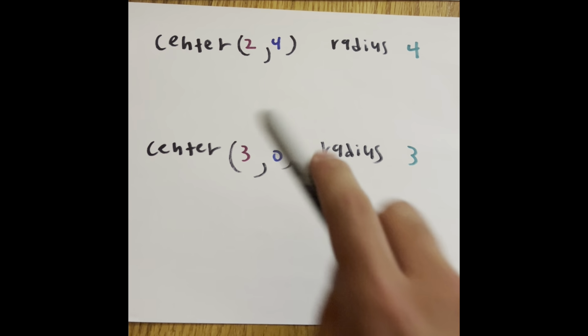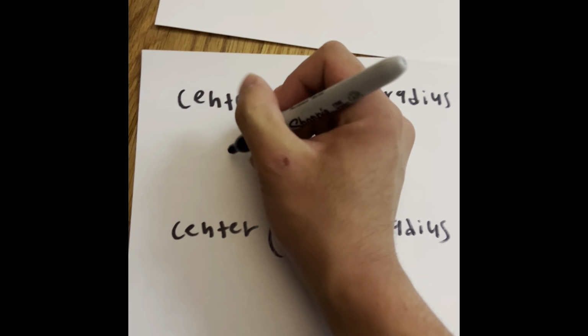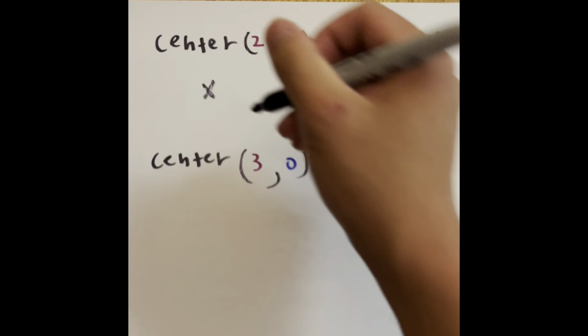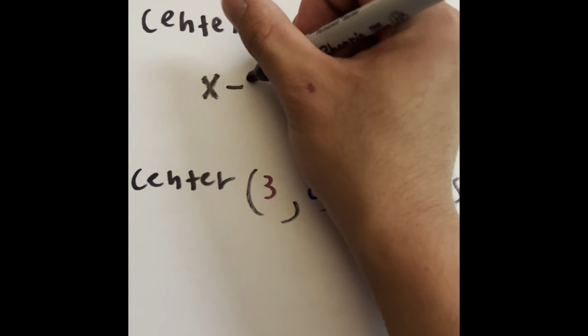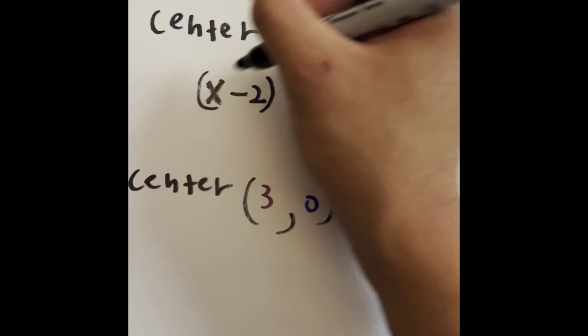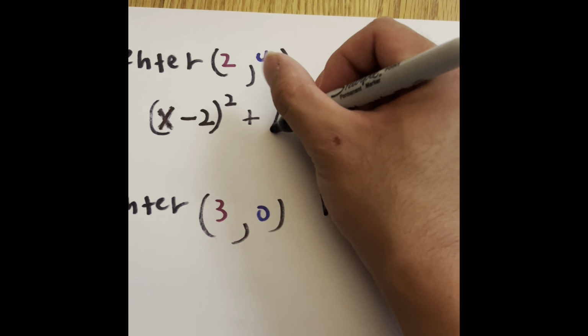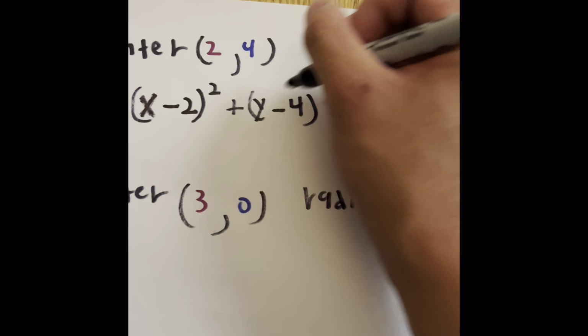Well, we do know that we have to use the opposites of what we put in. So we're going to say the x is going to be subtract that by the 2 in parentheses squared. Then we have to add that by the y, subtract that by the 4 in parentheses squared.